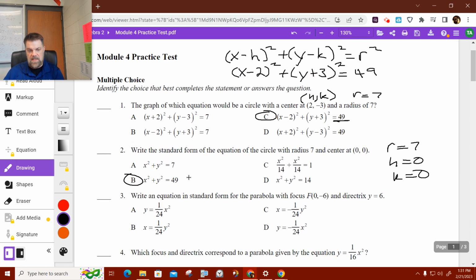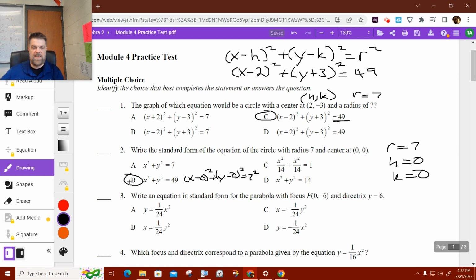This is really X minus 0 squared plus Y minus 0 squared equals 7 squared. And so if you simplify that and expand it and then simplify it, you'll get x squared plus y squared equals 49.